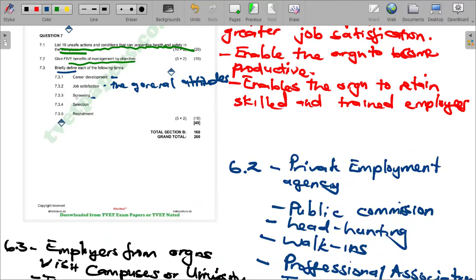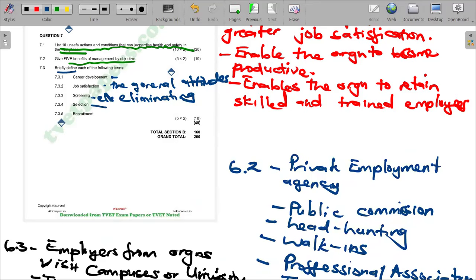And then screening, it is the process of eliminating candidates who do not meet the job requirements. That's what you call screening.